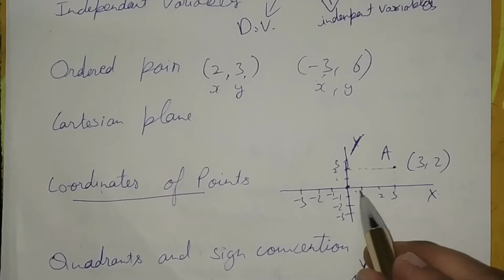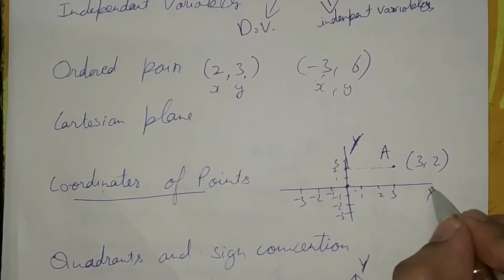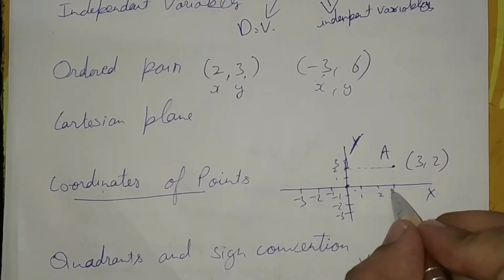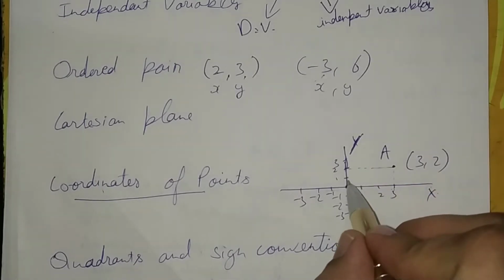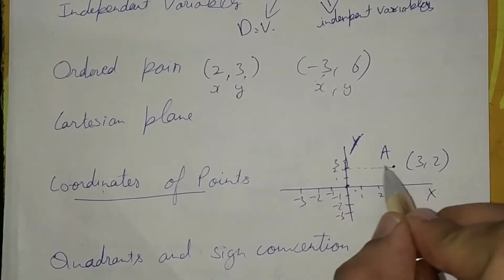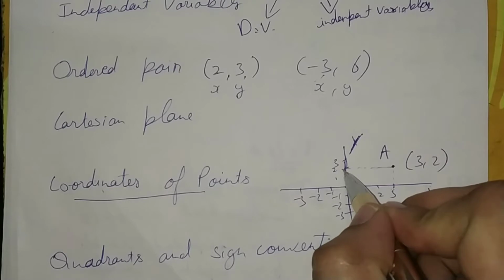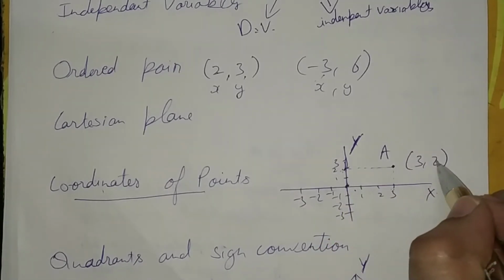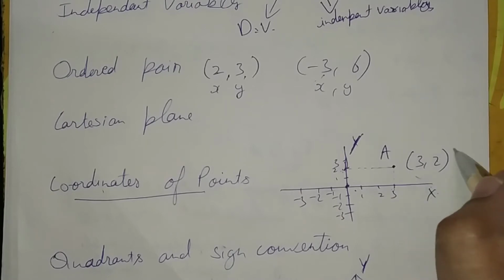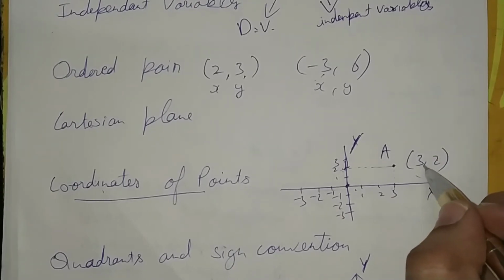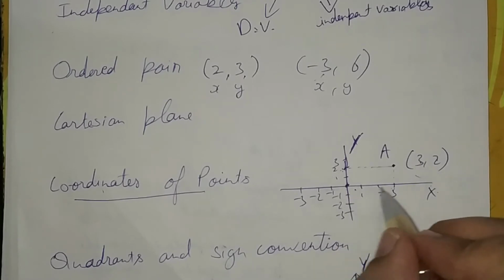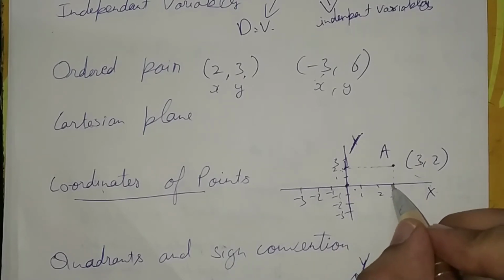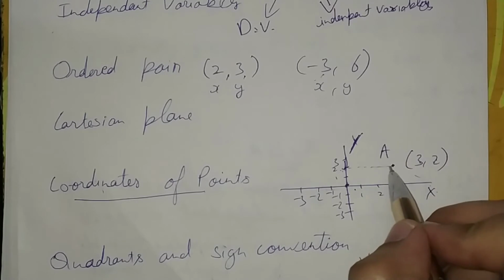First we write the coordinate of the x-axis, and then the corresponding coordinate of the y-axis. From A I draw a perpendicular to the y-axis, and the point on the y-axis is the coordinate of y. This is the ordered pair. Whenever it is written, we know that 3 corresponds to the x-axis and 2 corresponds to the y-axis.